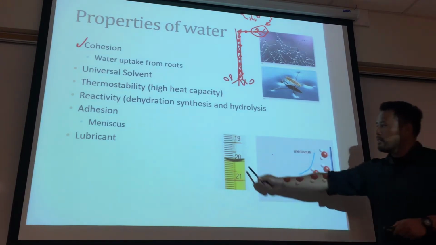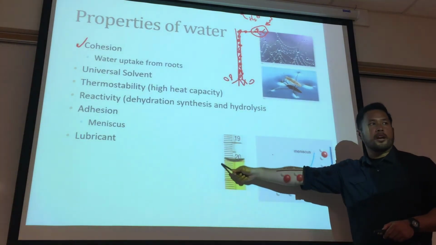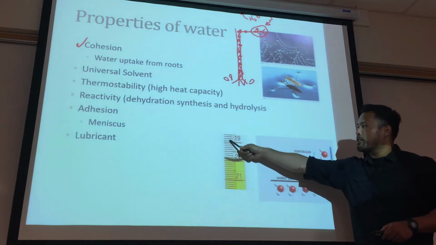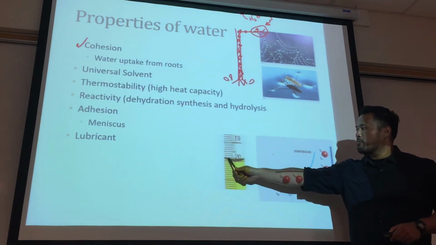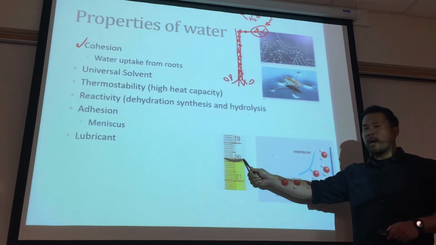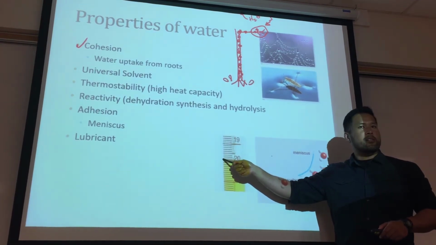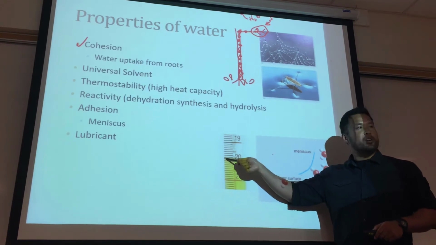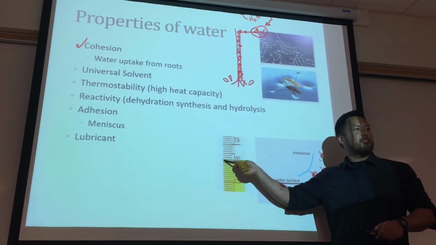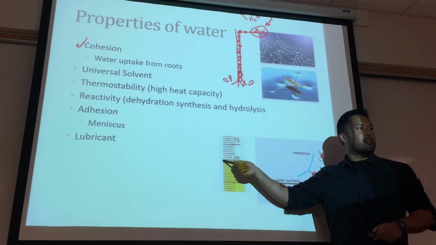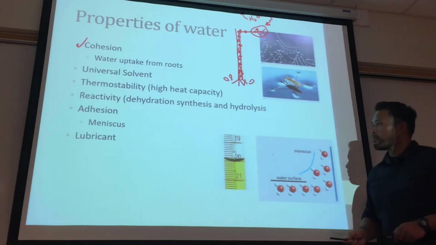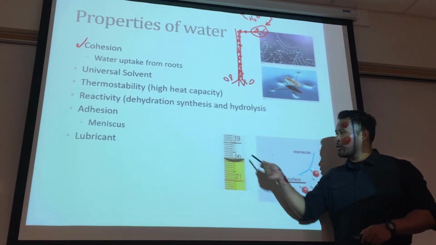On top of that, if you ever measured things in a graduated cylinder and you were trying to measure the amount of fluid, you saw that the edges kind of curve up against the sides. That was a property of adhesion where water molecules stick to the surface of that cylinder. And if you remember, where were you supposed to measure?